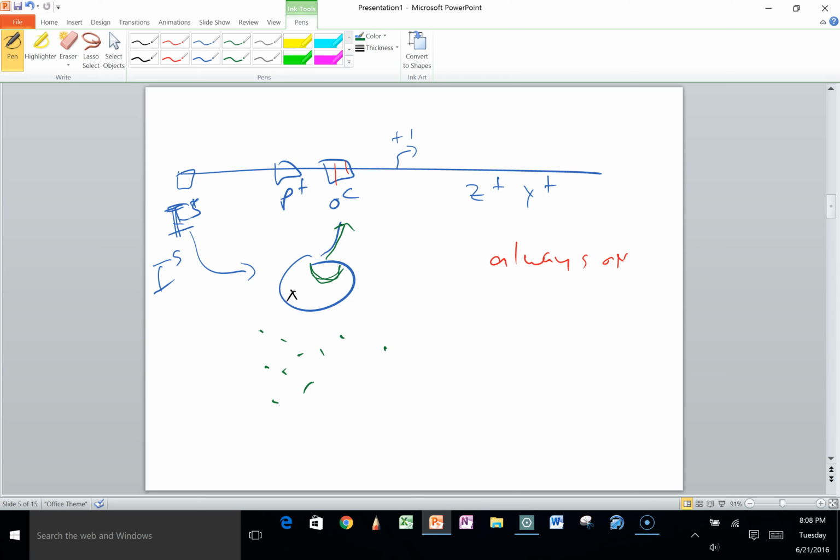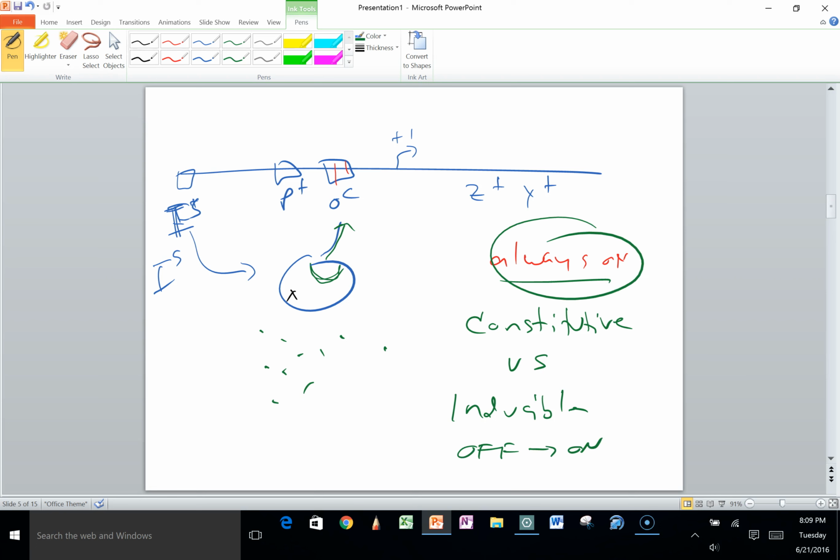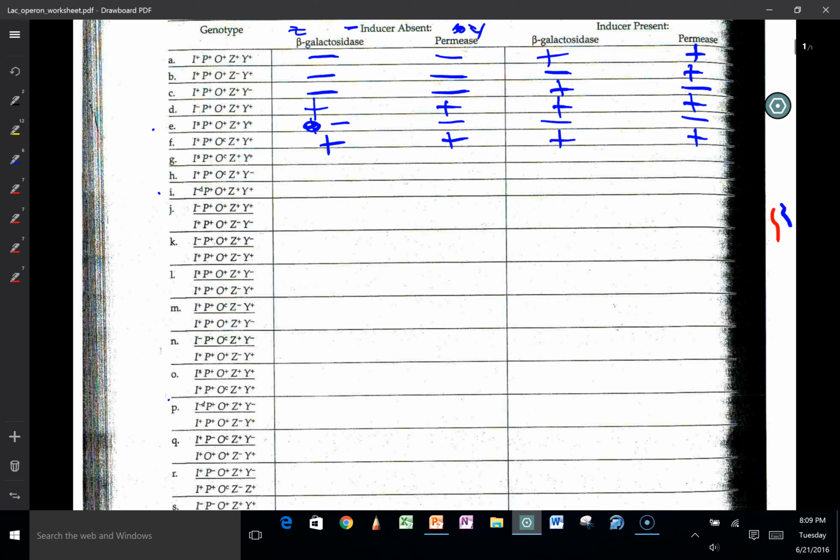So the constitutive operator kind of overrules the super repressor. So anything where it's always on, the word for that is constitutive. Versus inducible. So inducible means off and then on, and constitutive means always on. And O^C is a constitutive mutant, so even in the presence of the super repressor, it's always on.